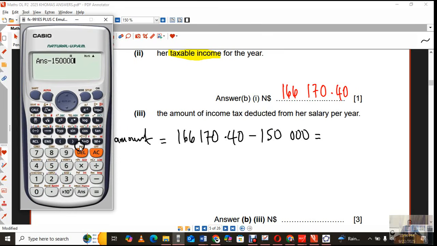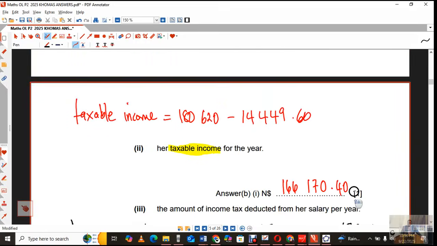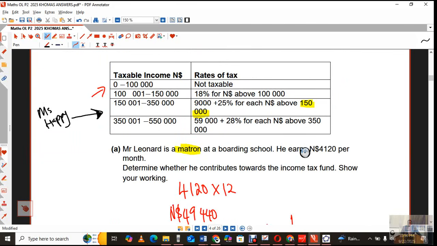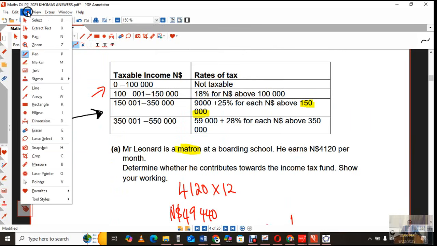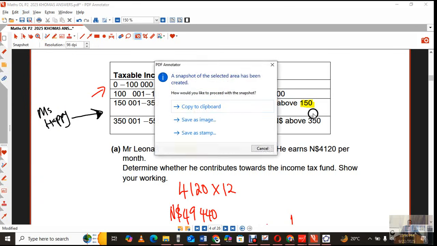That gives you 16,170, so that's $16,170.40. So when I go grab my tax table, and maybe I should just take a snapshot of it, so this is the tax rate.